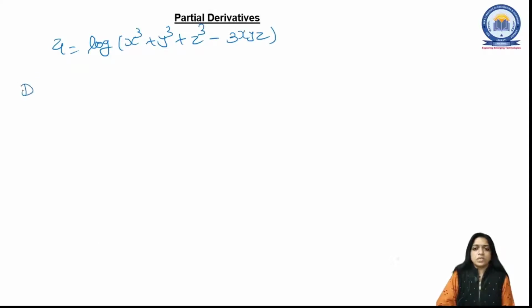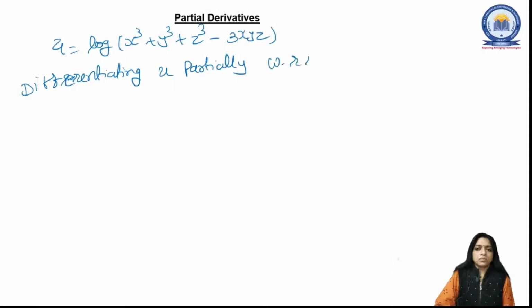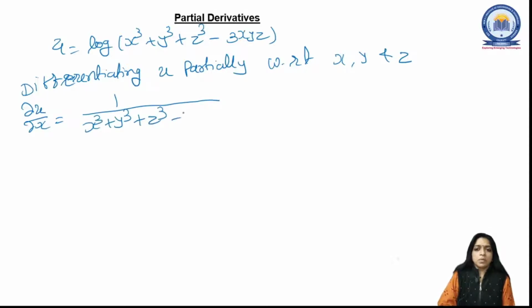Differentiating u partially, del u by del x, applying the log rule, is 1 upon x cube plus y cube plus z cube minus 3xyz, and the chain rule gives 3x square minus 3yz.